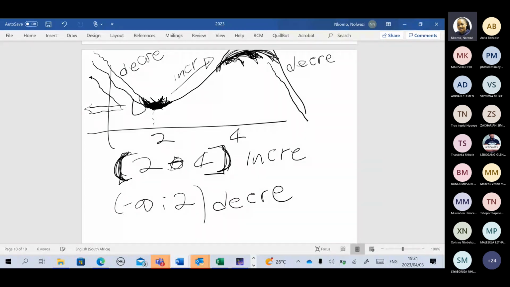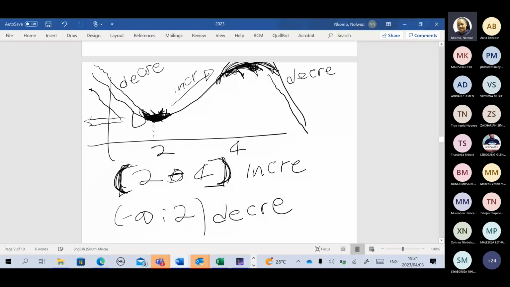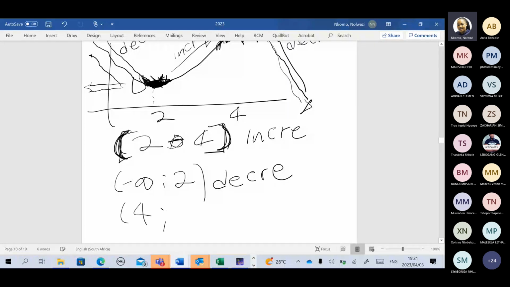And again, we said from 4 to this side, which we don't know, our graph is decreasing again. If our graph goes this side, our x value is increasing. It's going to 5, 6, 7 until positive infinity, until that number we don't know.